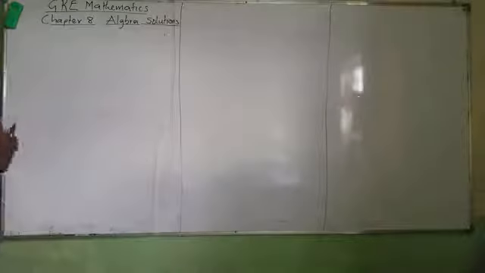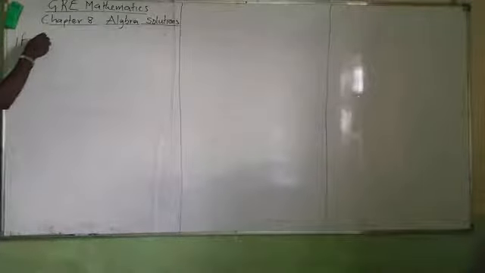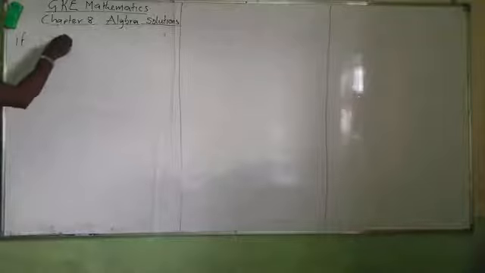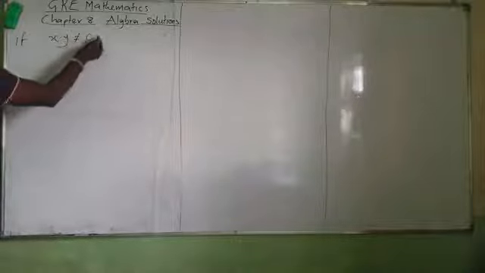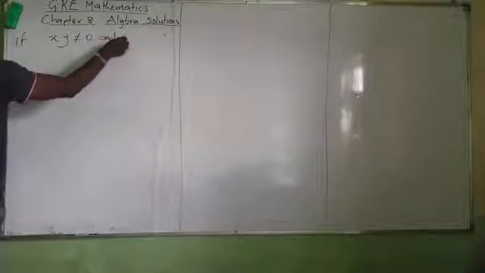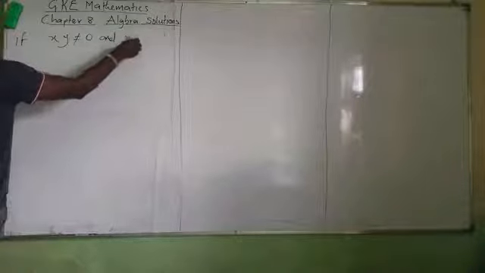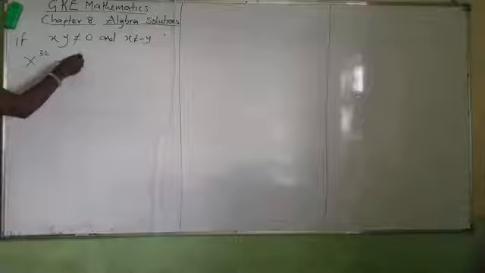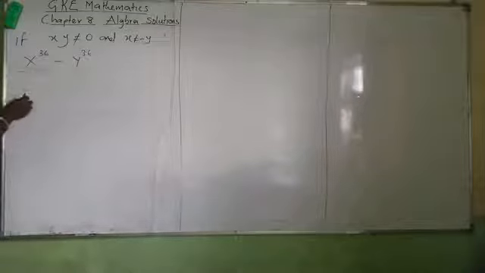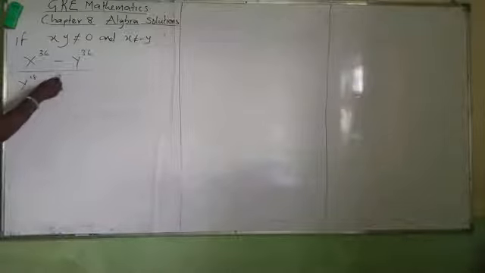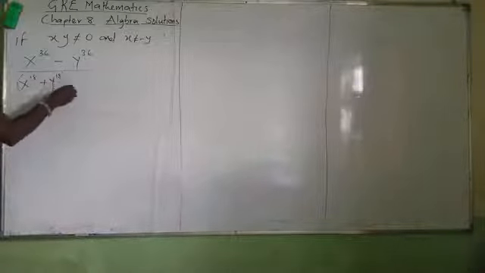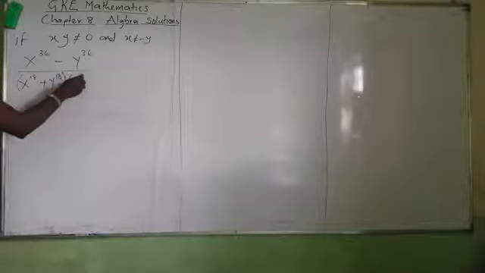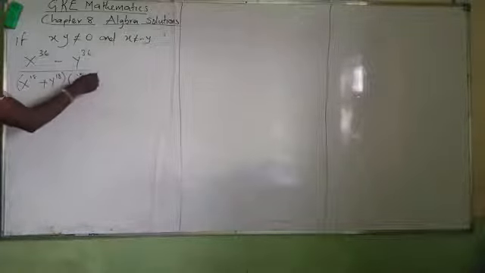Now, the first question says, if xy is not equal to 0, and x minus y is not equal to minus 1, then we have x raised to power 36 minus y raised to power 36, divided by x raised to power 18 plus y raised to power 18 and x raised to power 9 plus y raised to power 9.